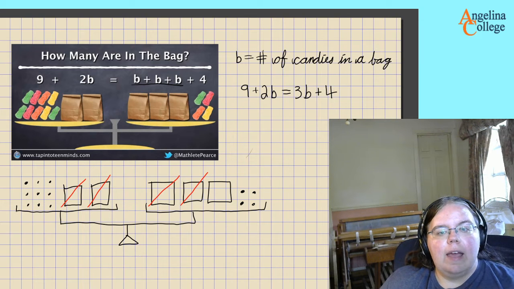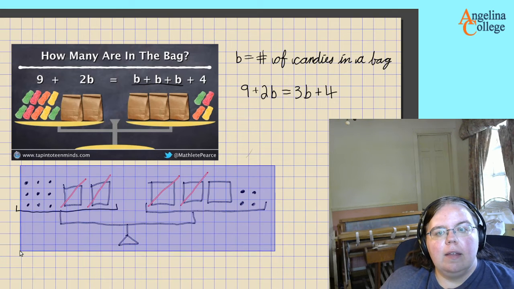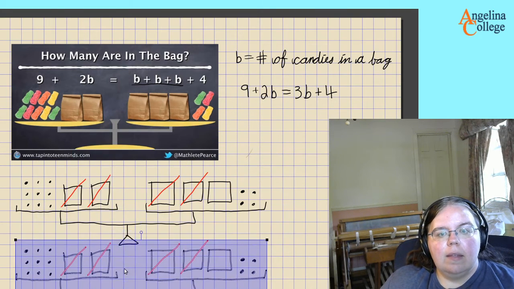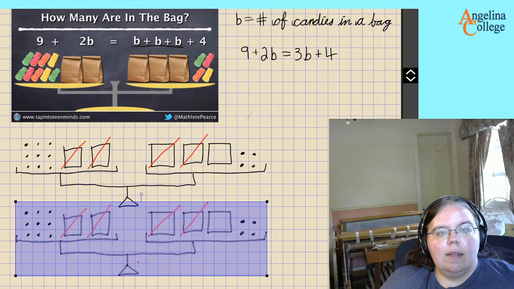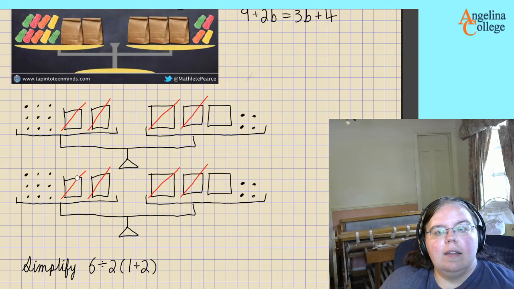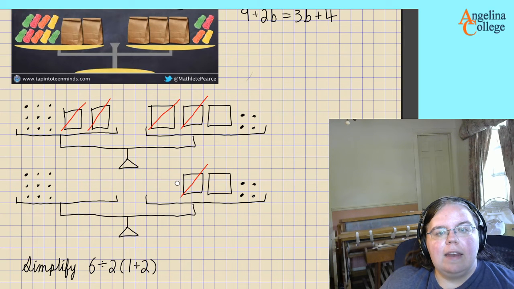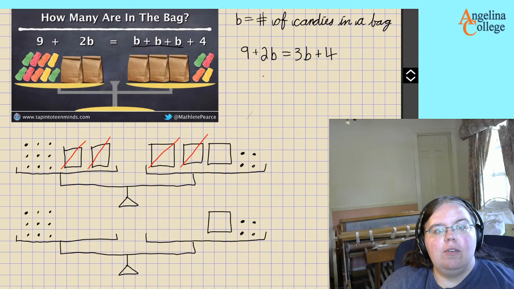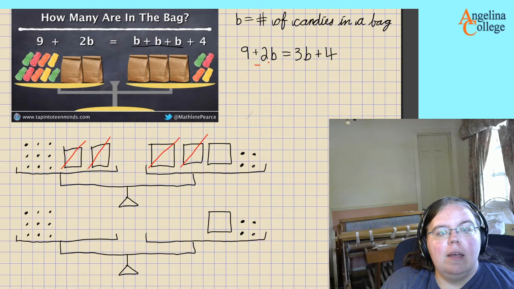So what I have now, and I'll make room for a fresh copy of it, is that 9 candies balances with 1 bag and 4 candies. We can also do that in algebraic notation by subtracting 2b on each side.